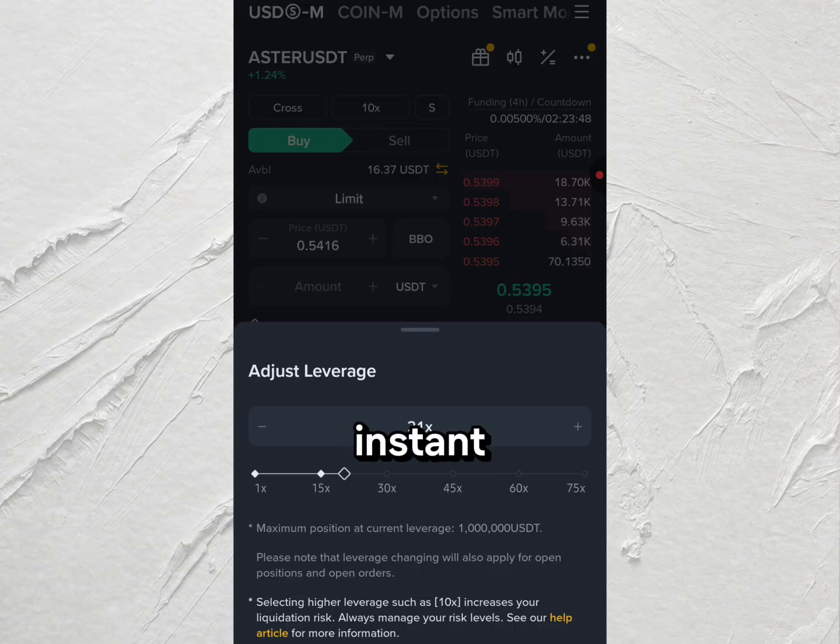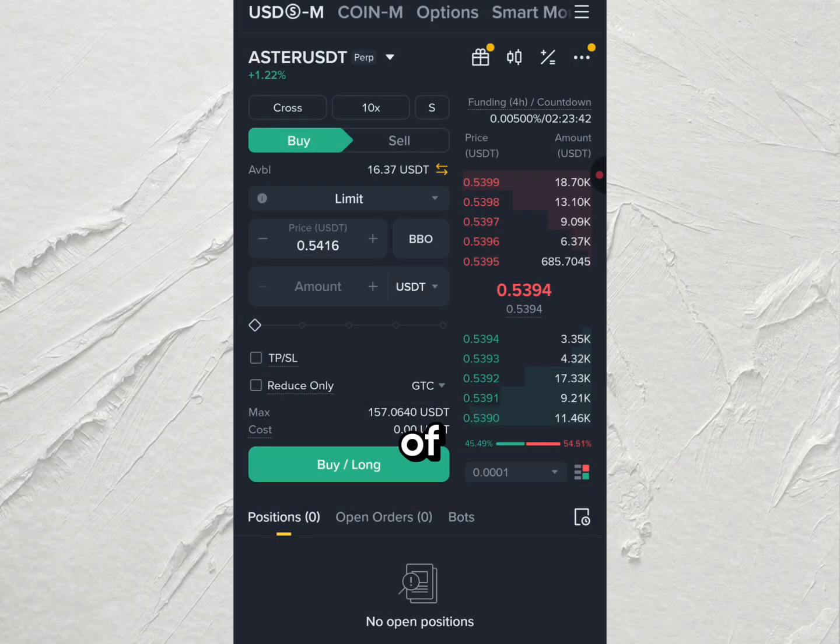But for instance, let us put it at 10x leverage, so we can use it to demonstrate all of this. So with 10x leverage, if you want to know how much you are going to be using to either go long or go short, that's the demonstration of this.